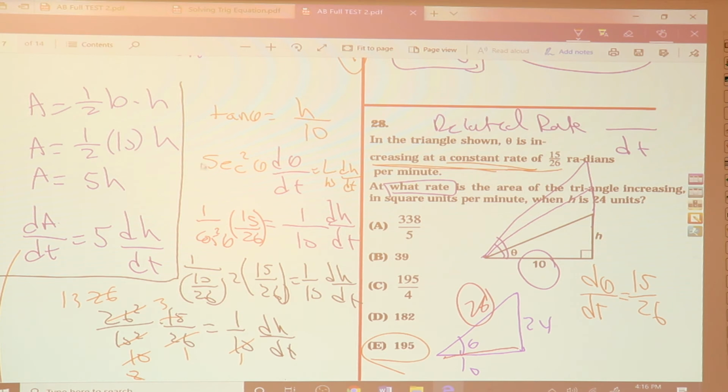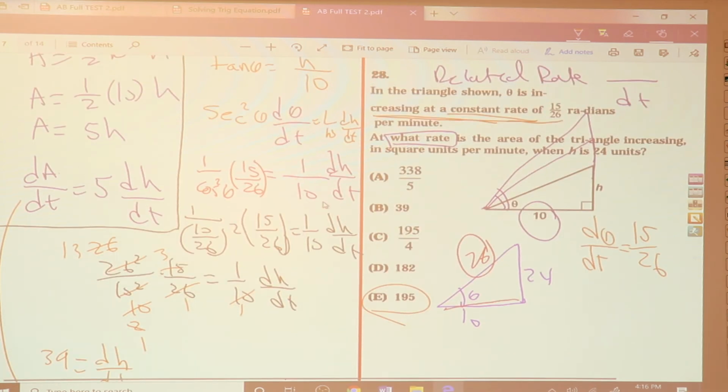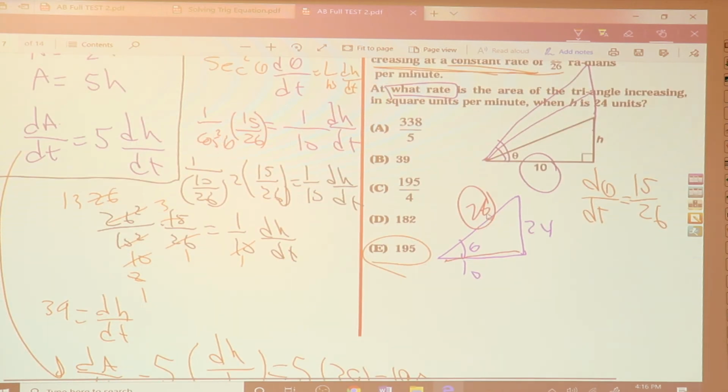Then after that, arithmetic. Secant is 1 over cosine, and d theta by dt is given, 15 over 26. Now to find cosine theta, with the height 24 and this 10, you calculate the hypotenuse, which is 26. The cosine is 10 over 26. But we have a square, then you flip it, 26 square over 10 square. Then you simplify and you get your answer.